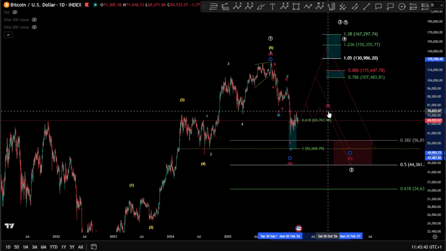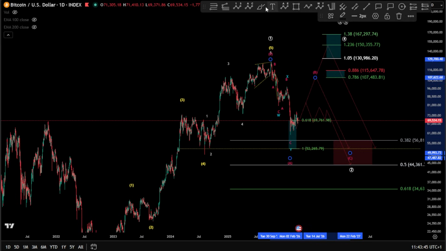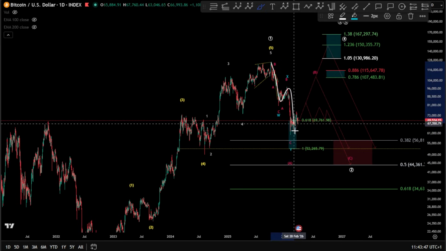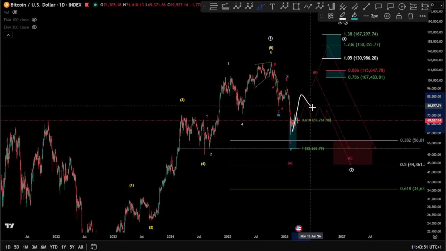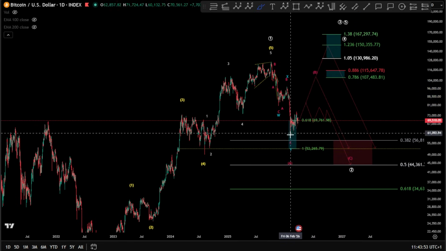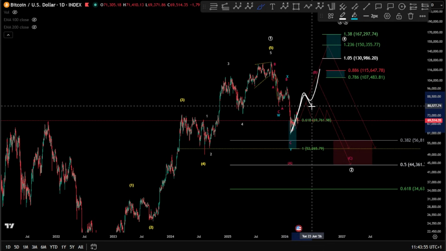This wave B can be a triangle, but it can also be 3 waves up, a regular flat hitting this area, 107, 115K, as 3 waves. But these 3 waves have to be an impulse correction.